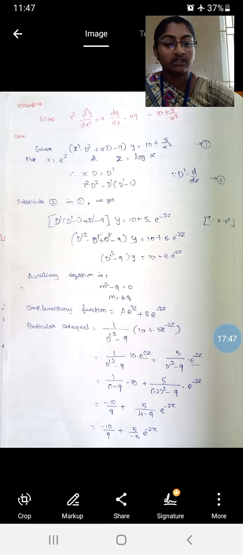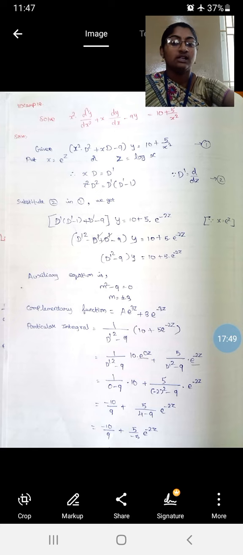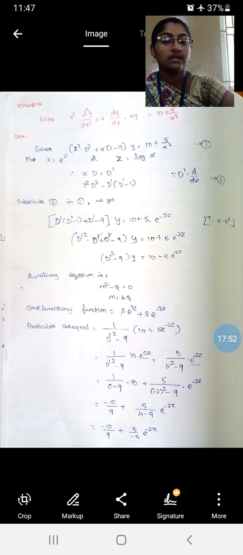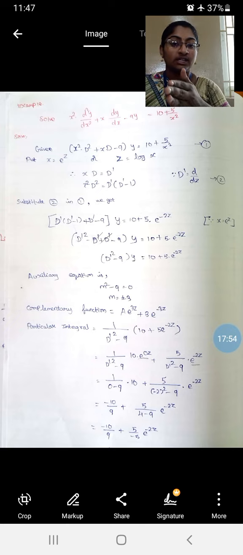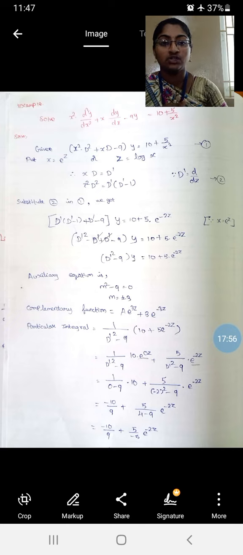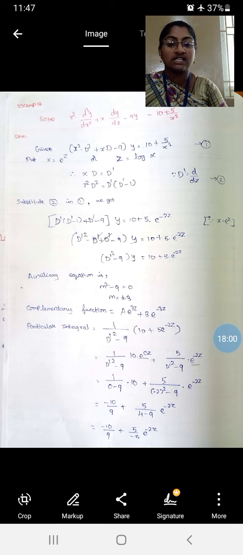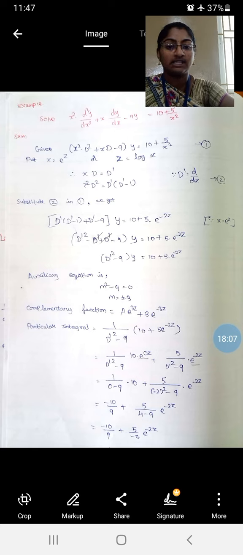Next we have to find the value of the particular integral. So in the equation, keep y as it is and bring D'² - 9 to the other side. So it will become the denominator: 1 divided by (D'² - 9) of (10 + 5 e^(-2z)).